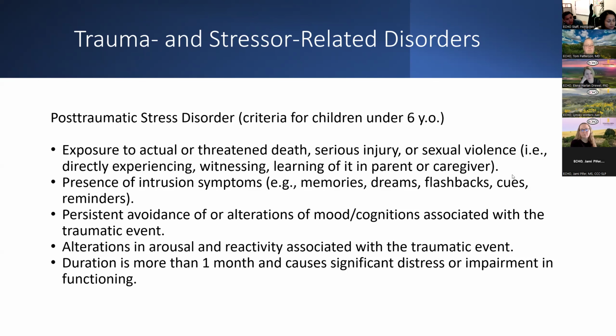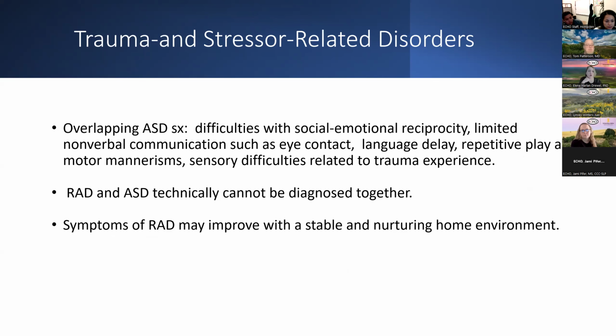Next slide. So overlapping symptoms include difficulties with social and emotional reciprocity, limited nonverbal communication, such as eye contact, language delay, repetitive play, and motor mannerisms, and sensory difficulties related to the traumatic experience. So if there was a loud sound related to the trauma, they might react very intensely to that loud sound.